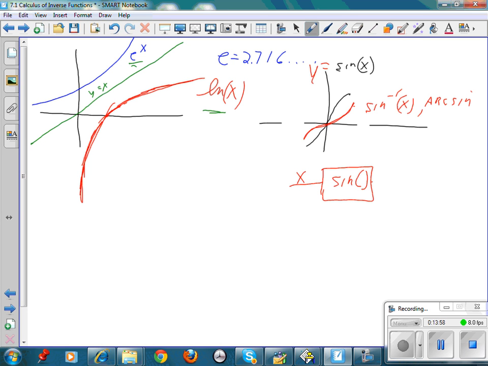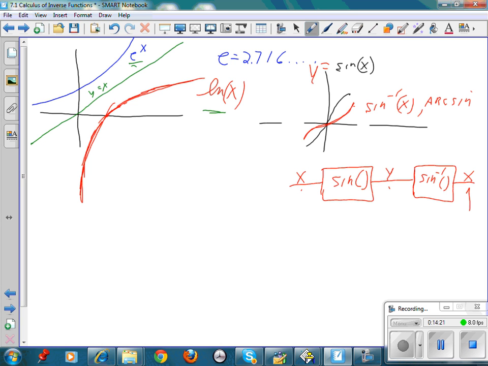But x is an angle. Y is the height of the opposite side of the triangle. If you put y through an inverse sine, the inverse sine is going to give you back an angle.